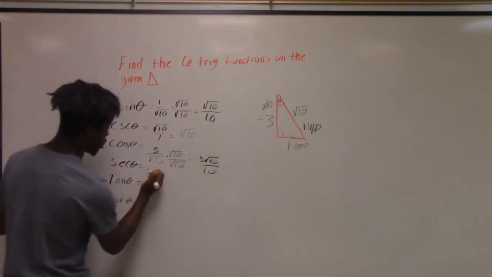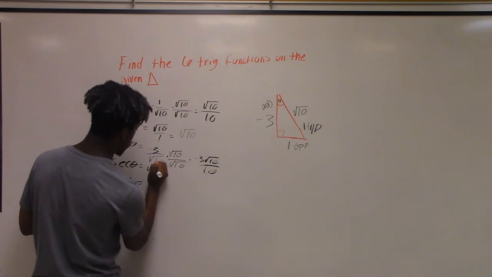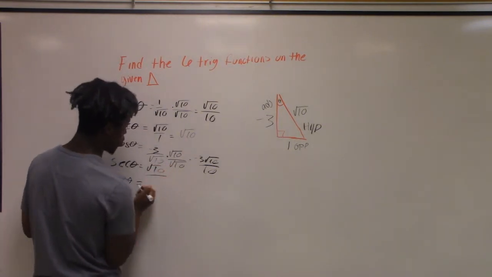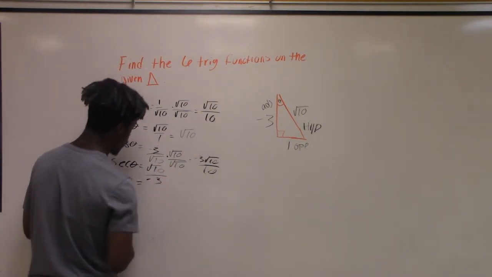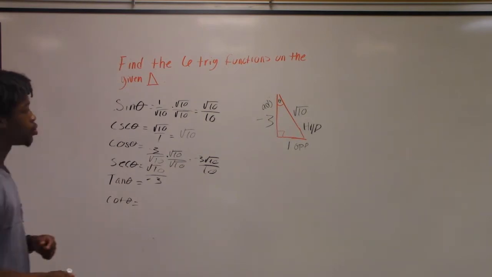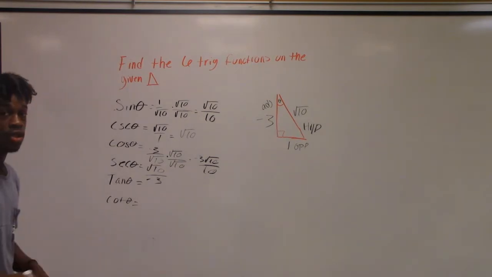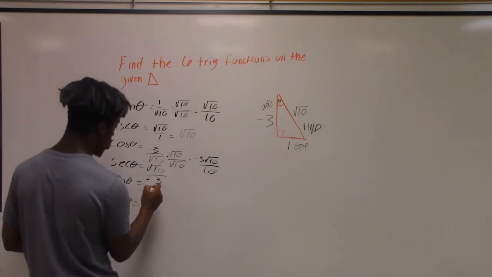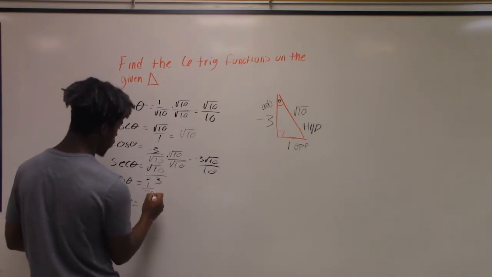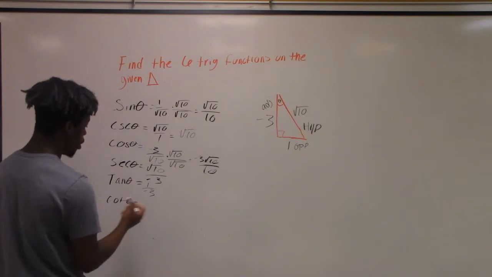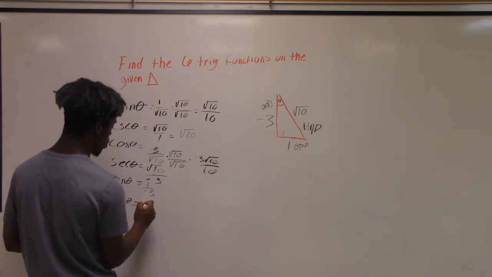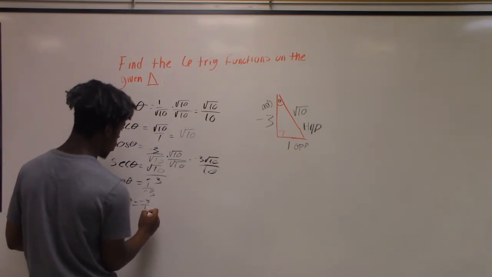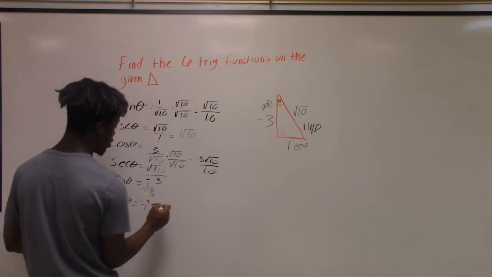Its reciprocal equals the square root of 10 over negative 3. A tangent equals opposite over adjacent, and that would equal 1 over negative 3. And its reciprocal would equal negative 3 over 1, which is the same as negative 3.